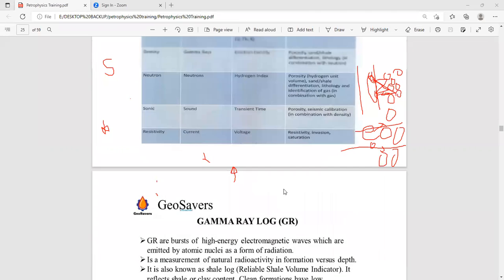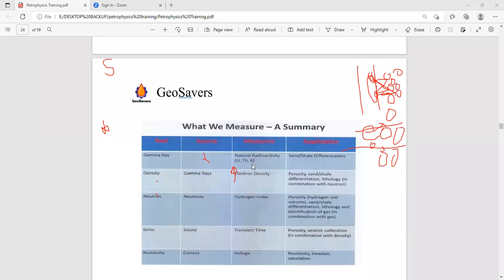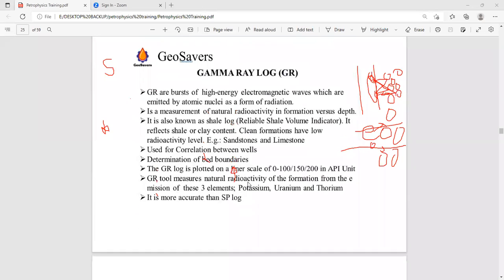We have said the gamma ray measures the natural radioactivity, which is uranium, thorium, and potassium. So the problem now is, what is the variation of these various elements within the particular formation? What do we expect it to be?